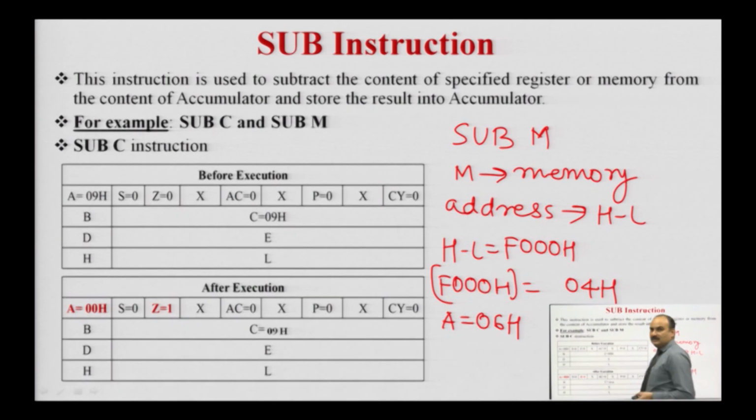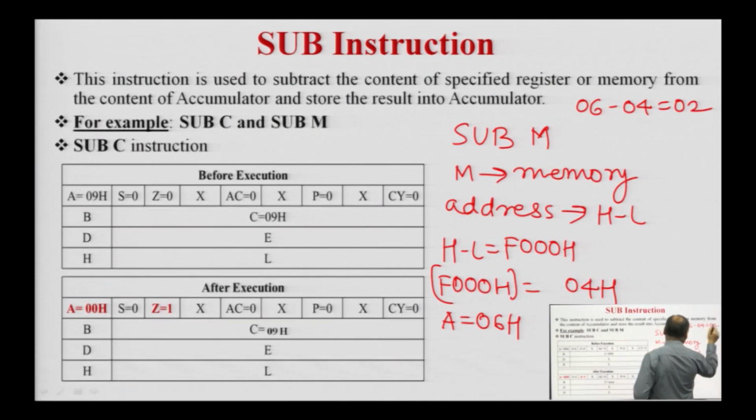Whenever the microprocessor executes this instruction, it will subtract the content, that is 04, from the content of the accumulator. So, the processor will perform the operation 06 minus 04, the result is 02. After the execution of the instruction SUB M, the content of the accumulator is equal to 02H.